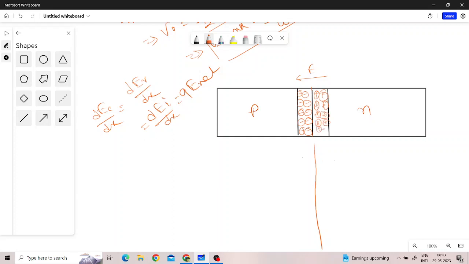And we also know that the bending in the intrinsic Fermi level is Q into E external. As there is no external electric field applied, there will be no bending in the extrinsic Fermi level on the band diagram, so it remains constant, a straight line.